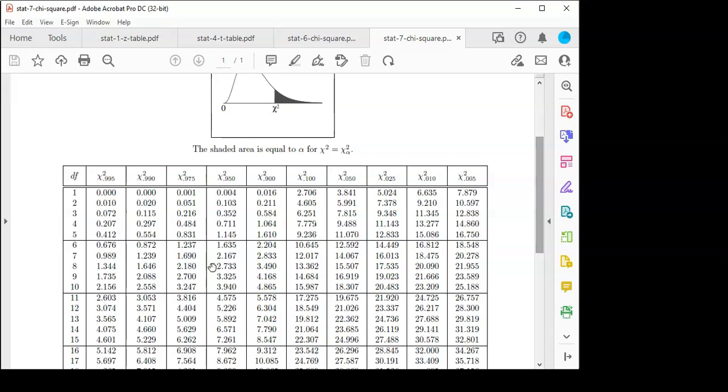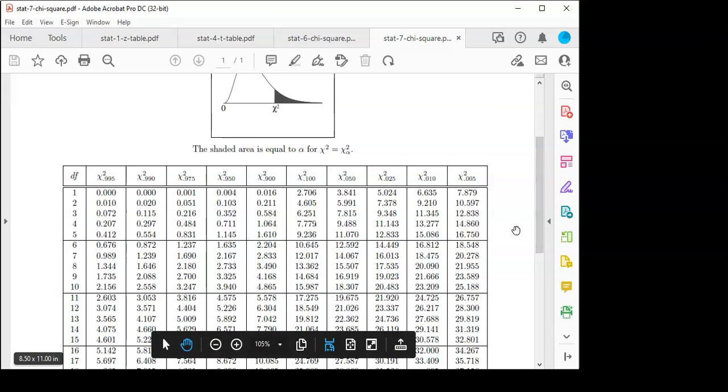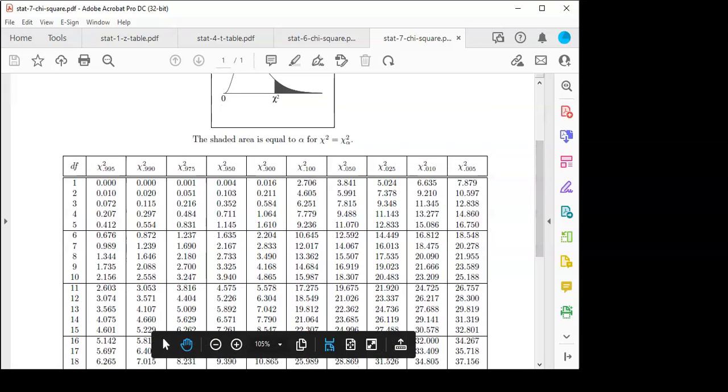Here, 95%, 0.950. And then where is the degree of freedom? Sample size is 15, so degree of freedom is 14. So go down, down. 6.571.